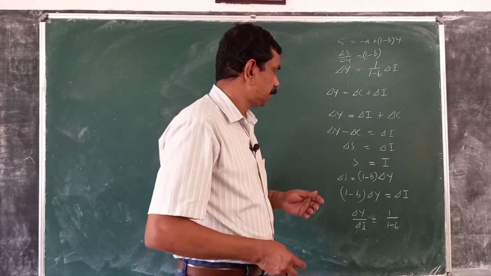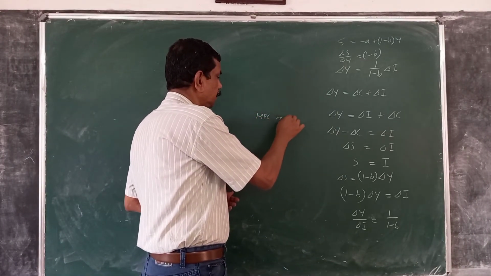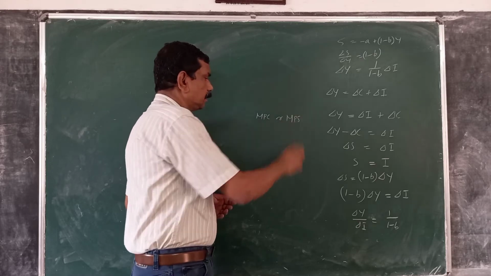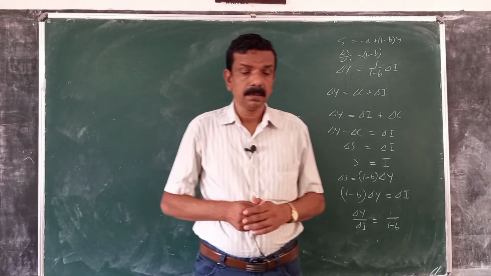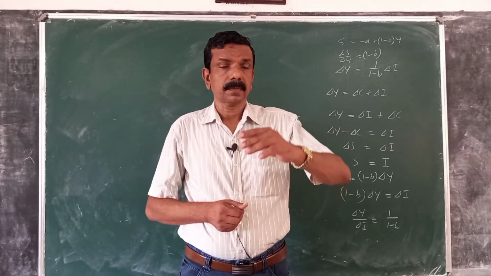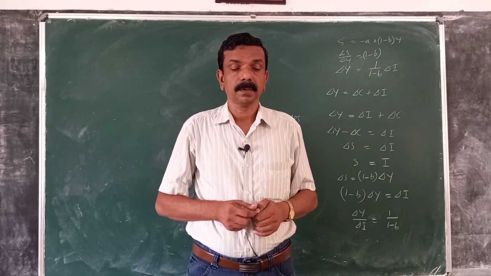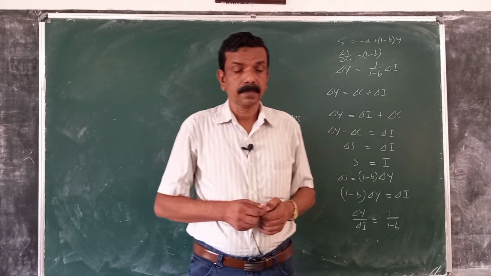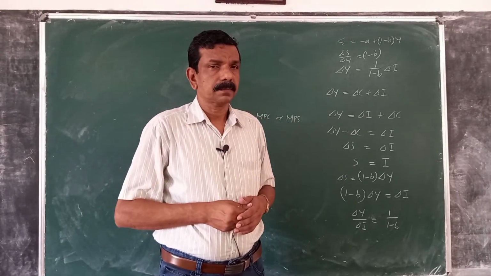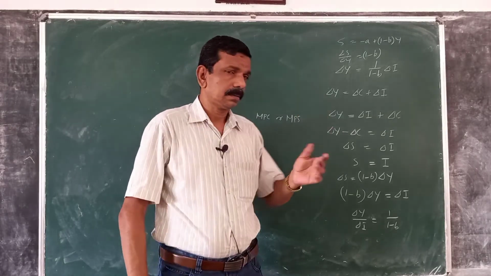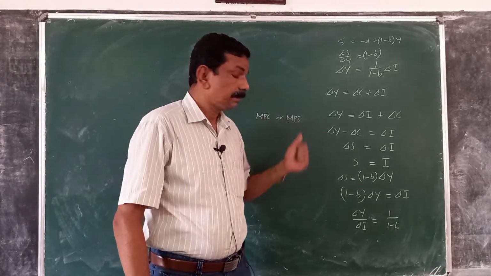And as the value of the multiplier is determined by MPC or MPS, the practical significance of MPC or MPS is very high. So, if there is an increase or decrease in investment, its impact on the economy is determined by the value of MPC.